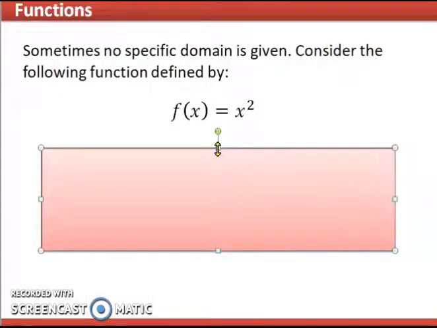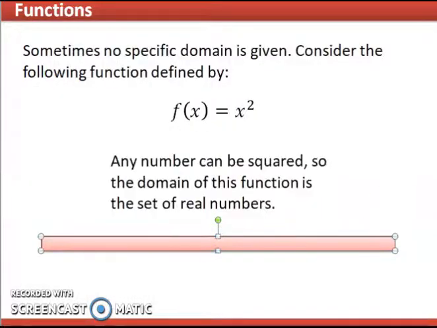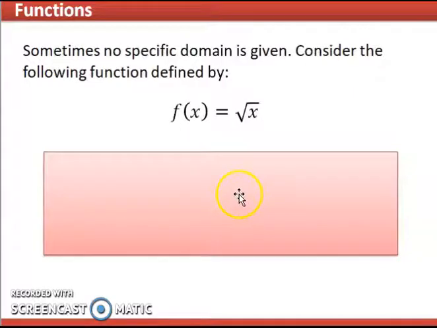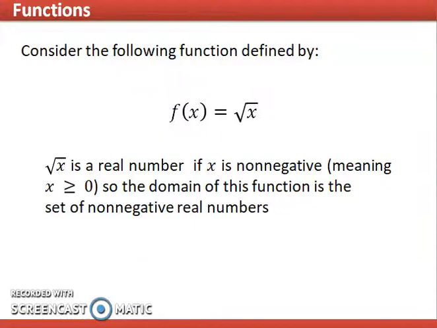So that is why for this particular function, okay, so any number can be squared. So the domain of this function is the set of real numbers. Okay, so sometimes, now consider the function defined by f of x is equal to square root of x.